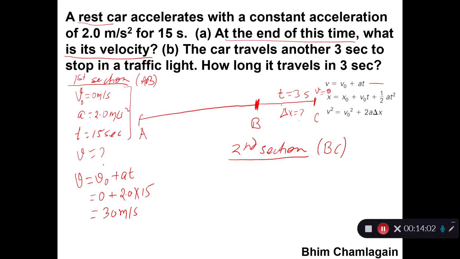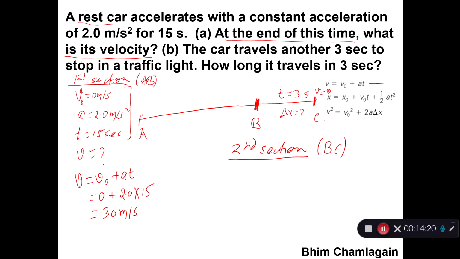So look here, this final velocity in the first section is 30 meter per second. Final velocity means at point B, which is the initial point of section BC.